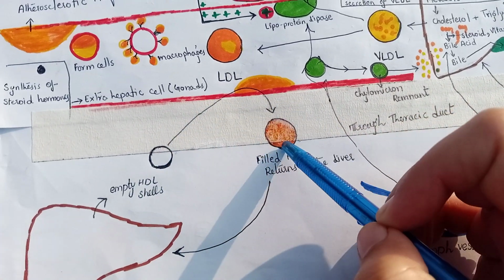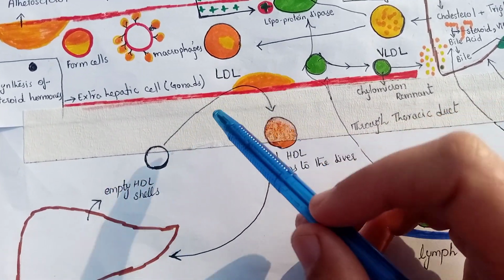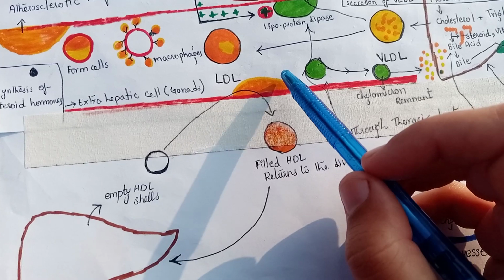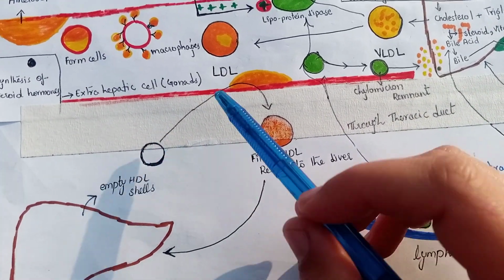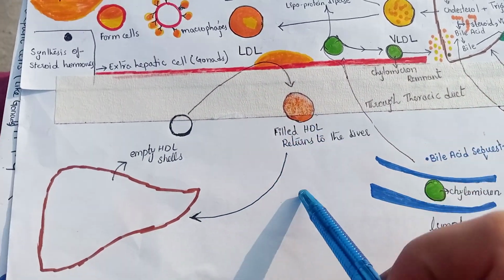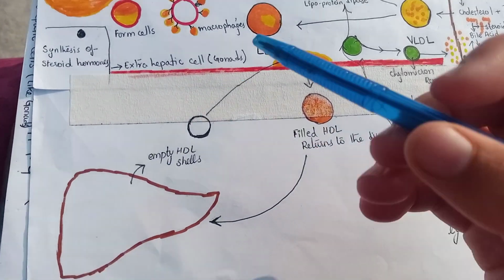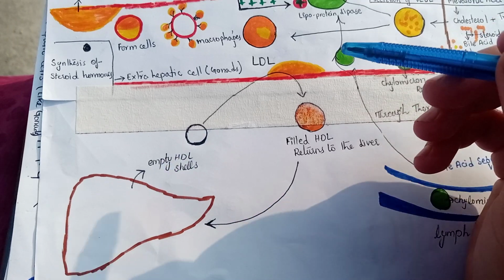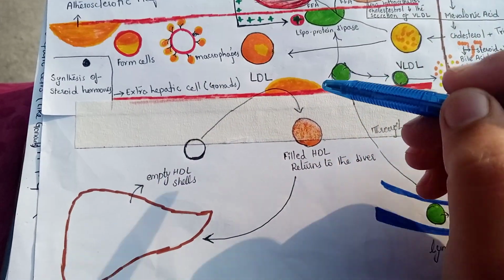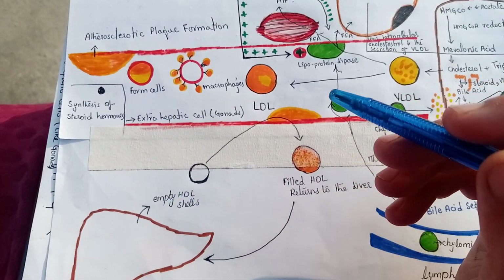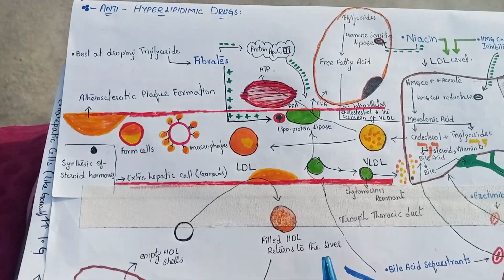When it removes the triglyceride and cholesterol, absorbs it into its shell and fills its shell, it then returns back to the liver and pours that triglyceride and cholesterol into the liver. So in this way it decreases the formation of plaque and it is beneficial for us, right?